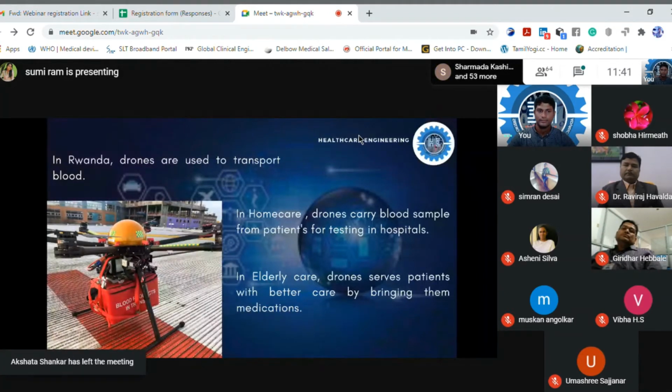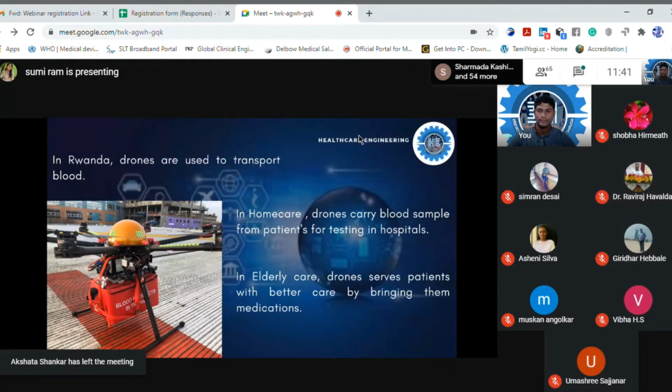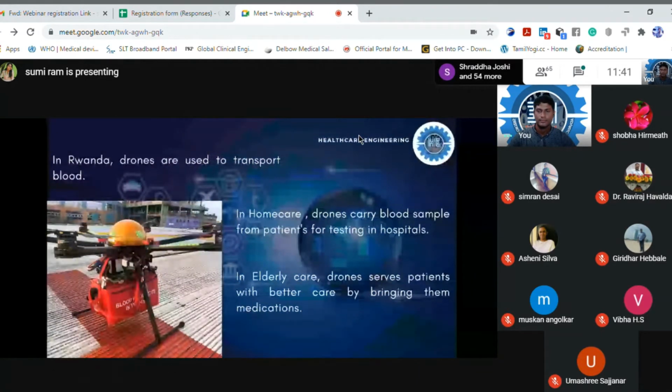Drones are also useful for elderly care. Smaller drones with manipulating arms can be used to bring them medications. They also do jobs like grabbing a glass of water and even sorting out the laundry.